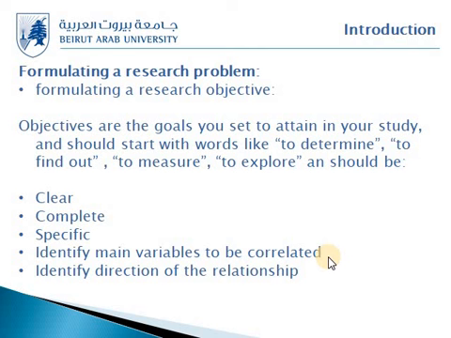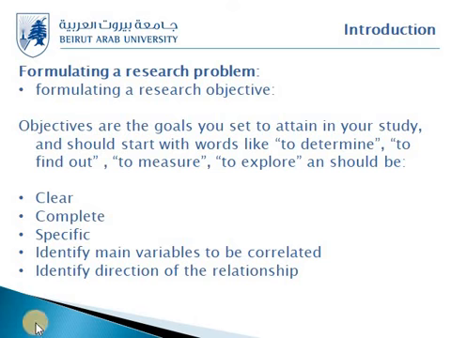For example, if you are comparing the effectiveness of different teaching methods on the comprehension of students, here this is a correlational study, and so you need to identify the main variables that will be correlated.